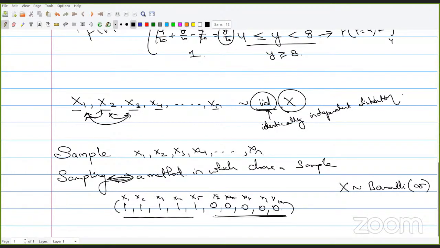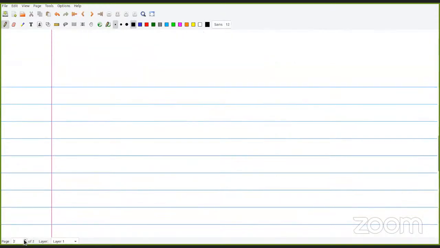Each one is a sample: first sample, second sample, third sample, and so on. Ten samples I collected, in which the first 5 are 1 and the next 5 are zeros. Collecting like this is a sampling. This is one way of sampling.